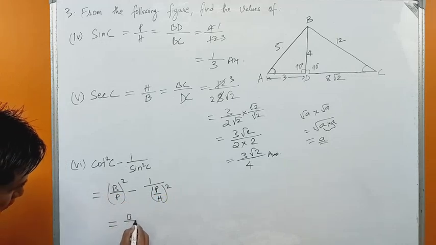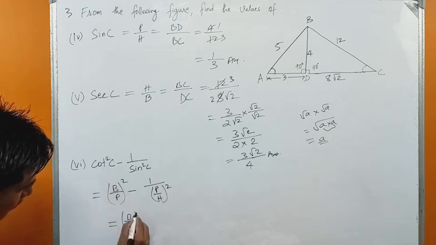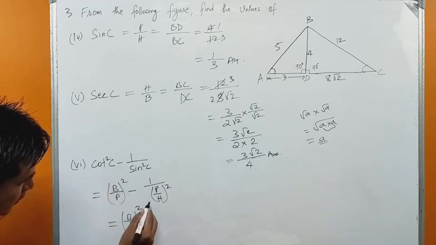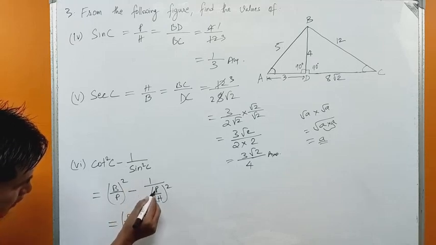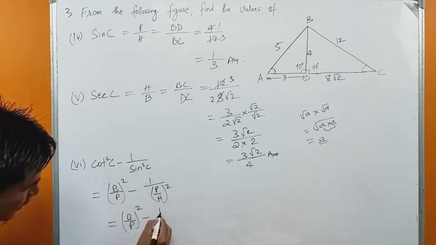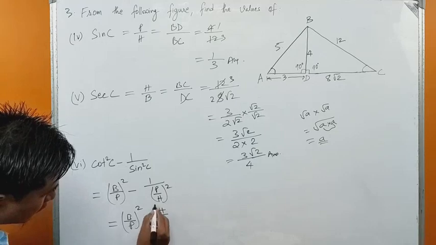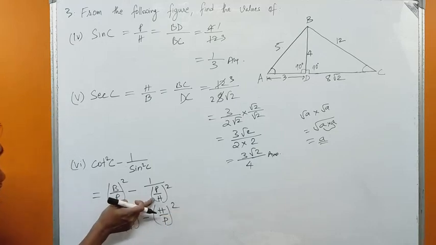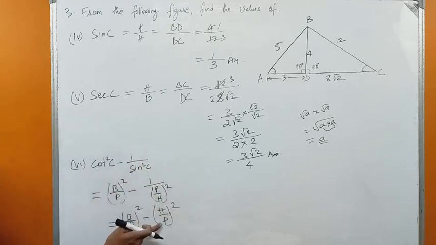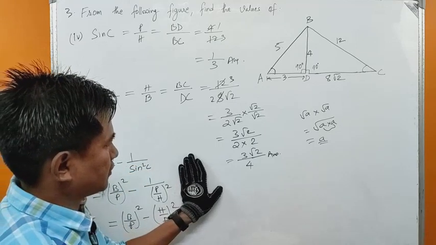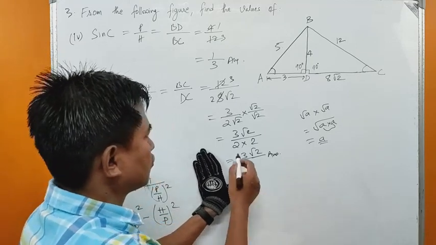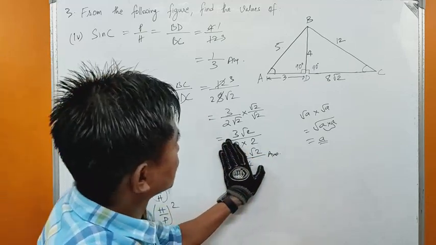Let me write this again. B upon p whole squared minus 1 upon p upon h whole squared can be written as h upon p whole squared. So this number from the denominator will go to the numerator. So let me erase this. 3 root 2 upon 4 is the answer for question number 5.